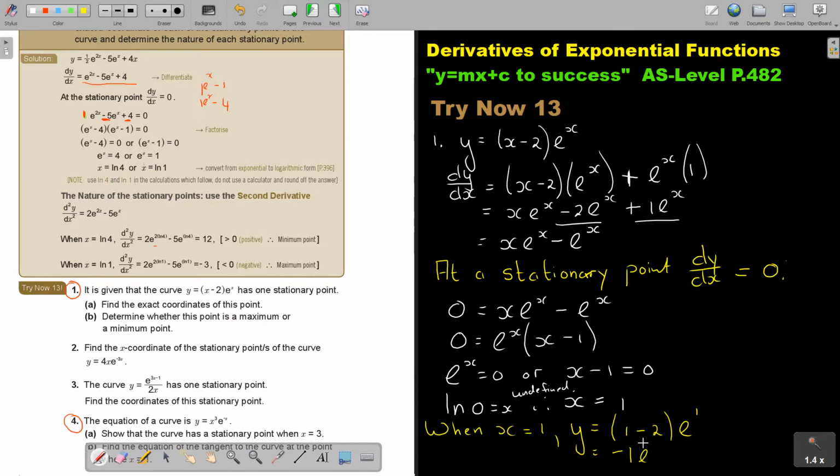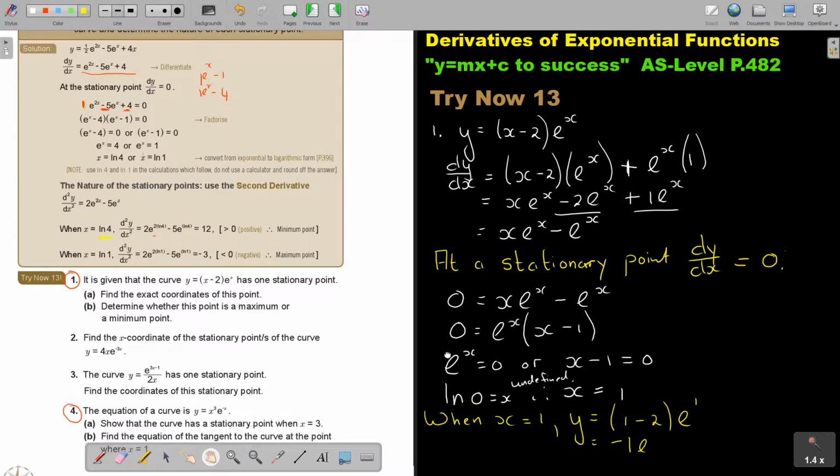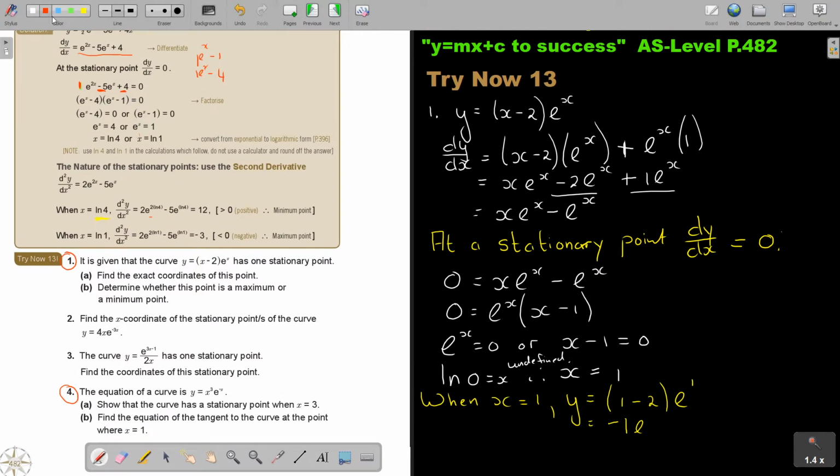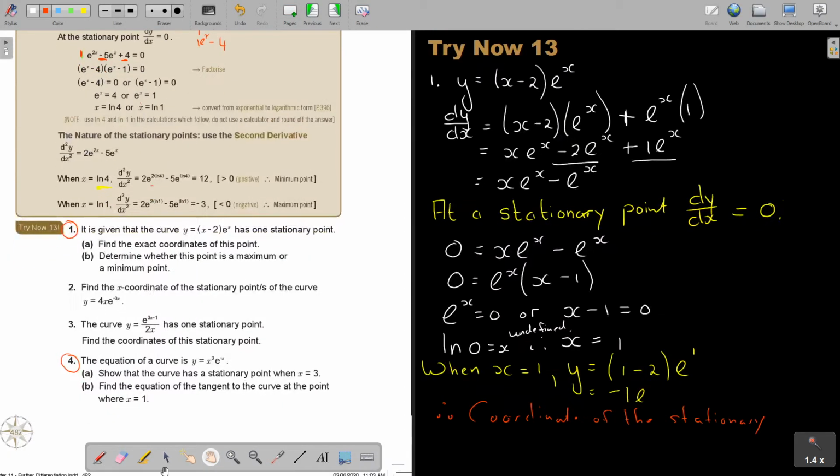Okay, and I think always, it's like leaving that ln 4. So let's just move it up a little bit. Therefore, what is the coordinate of the point?